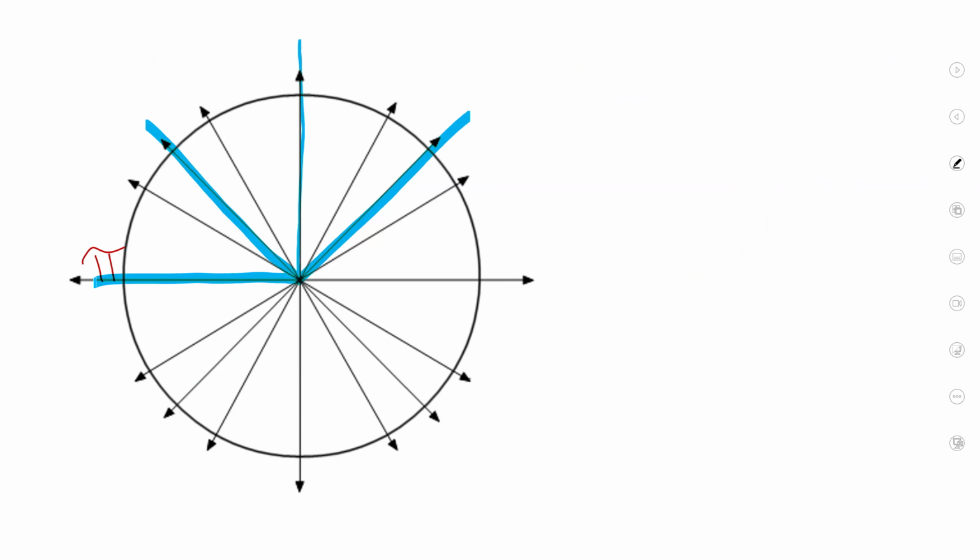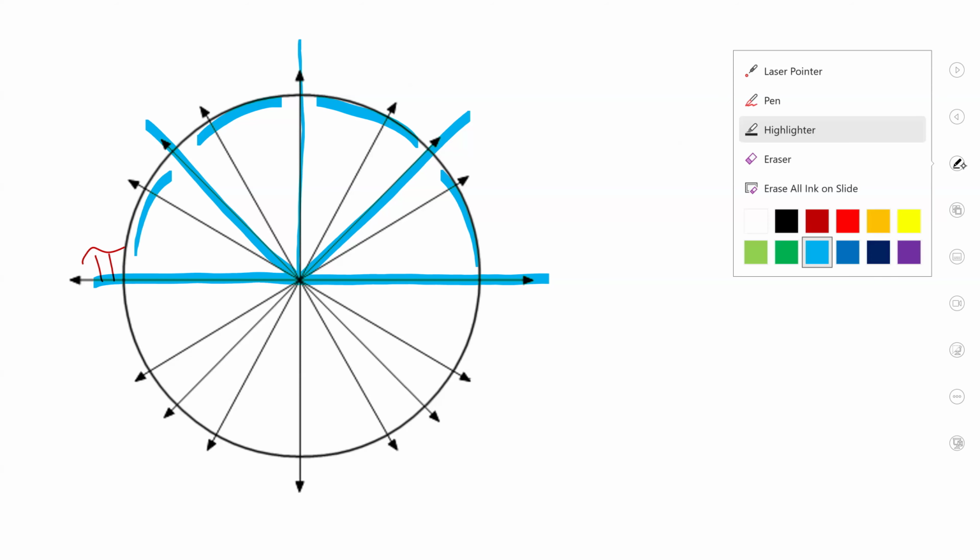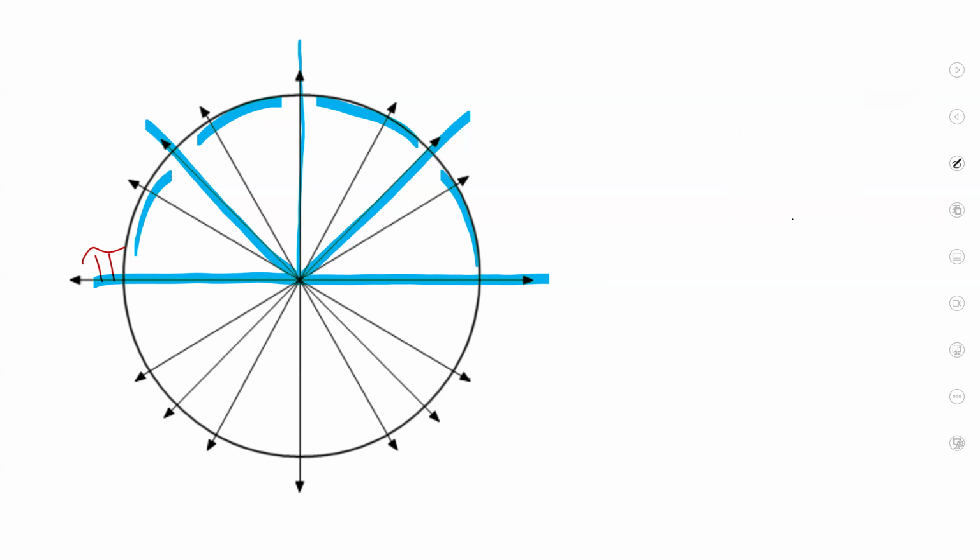This is pi broken up into 4 equal sections. This is 45 degrees, 45 degrees, 45 degrees, and 45 degrees. That is 4 equal parts, okay? So that means this is pi divided by 4.